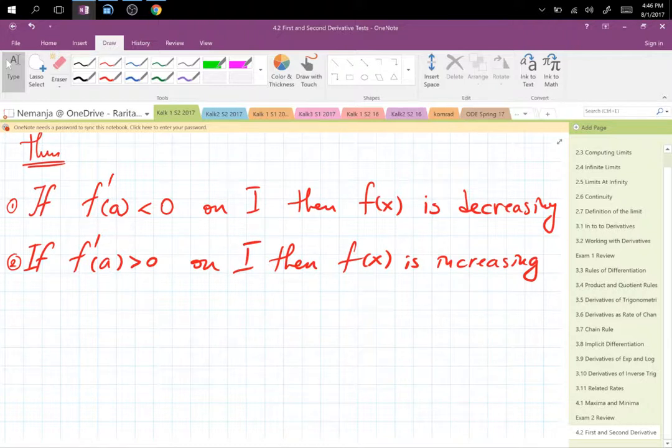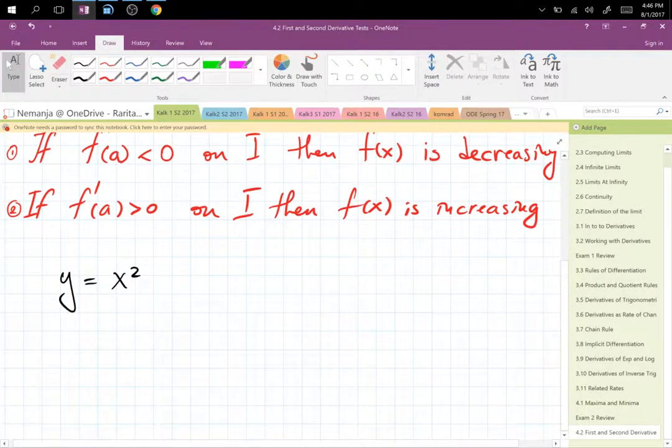So I'm going to have the most basic example in the galaxy, y equals x squared. We are going to find critical points, and then we are going to do the analysis. So f prime of x here is 2x.